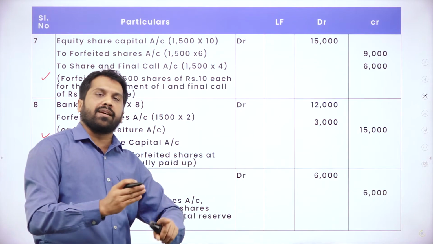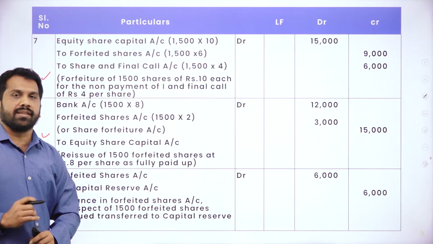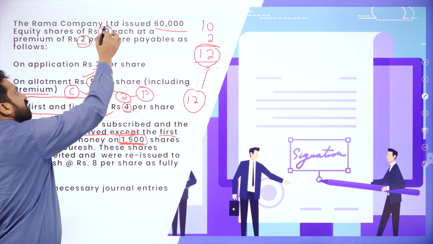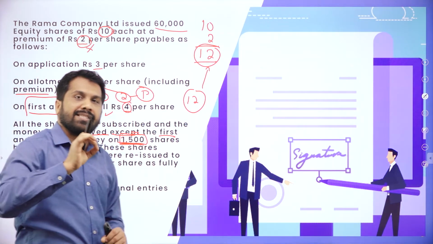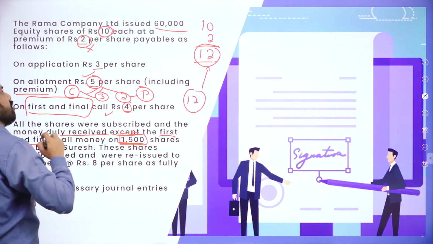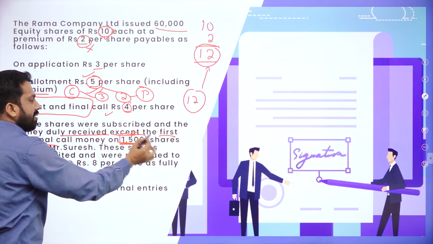I'll go back to the question and explain how to pass these journal entries. What is the actual share value? Actual share value is 10. While cancellation, we will not consider premium. How many shares are we cancelling? 1,500.